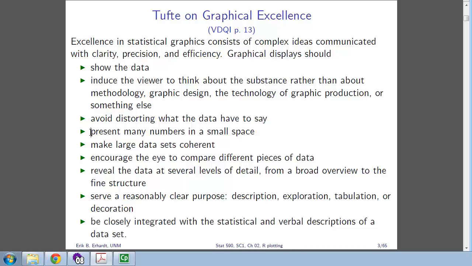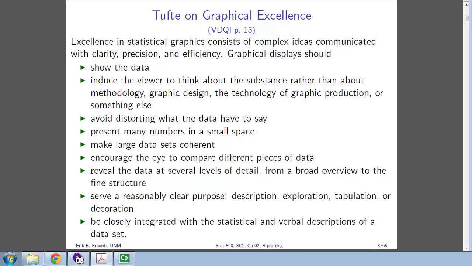Try to increase the resolution to present many numbers in a small space. If you have a large and complicated data set, try to make it understandable. Encourage the eye to compare different pieces of data, and we're going to see these. Reveal the data at several levels of detail, from the broad overview to fine structure. And try to serve a reasonably clear purpose.